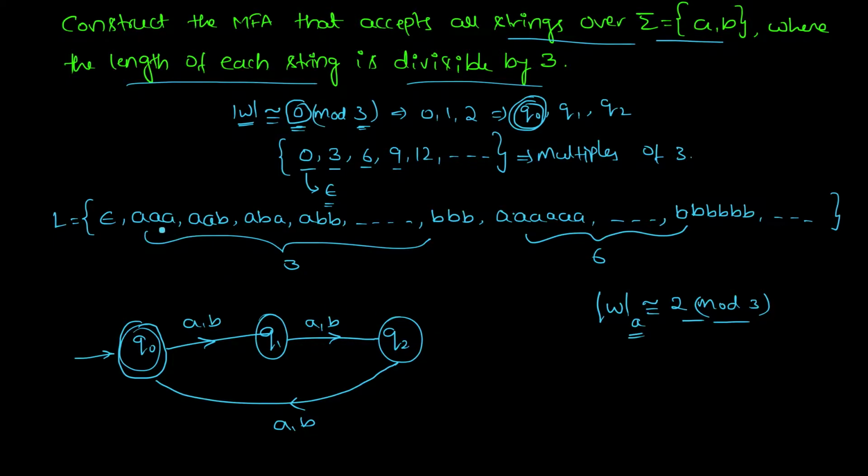So all strings of length 3, all strings of length 6 and so on are in this language. Strings like AABA, of length 4, are not in our language because 4 is not congruent to 0 mod 3. It gives remainder 1 when we divide 4 by 3. So this is not in our language, right?